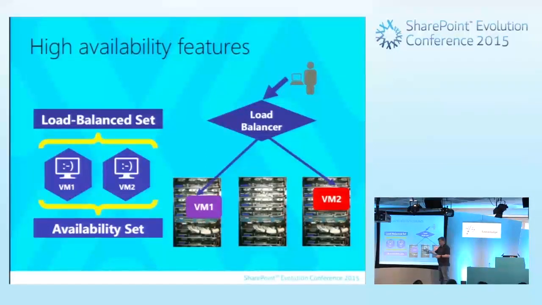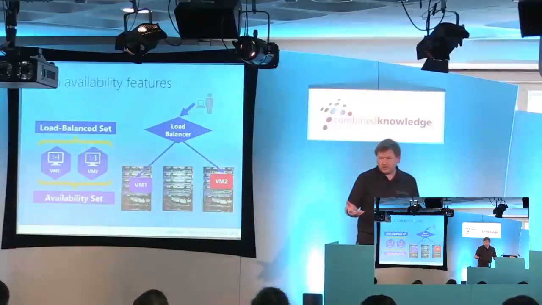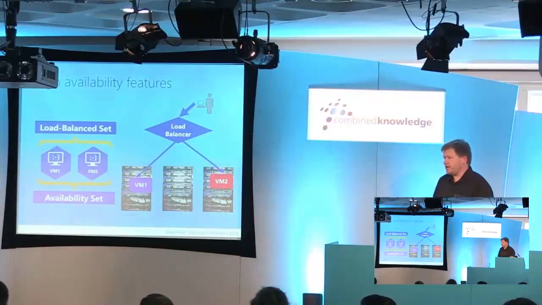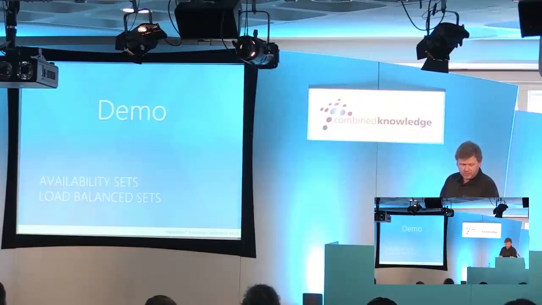If you've got 2 machines hosting your search index, partition 0, and you've got two replicas of that partition, then you want to make sure that one of them is over here and one of them is over here. So if I lose this one, my search carries on working. Same if it's a web front end, or any 2 VMs hosting a SharePoint endpoint, a user profile service application endpoint, or something similar. So we give you that ability to have host-based and individual machine-based high availability.